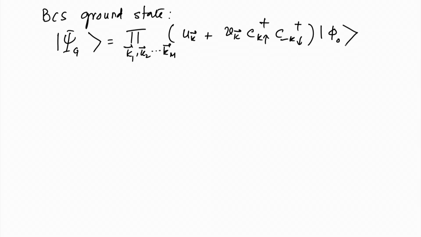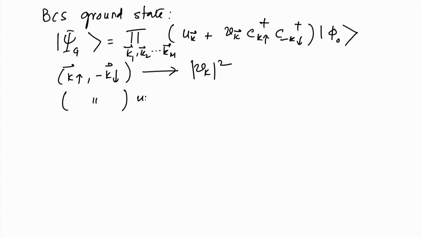This is the filled Fermi sea as we have been talking about. The probability of a pair formed of k up and minus k down to exist is given by v k squared, and that it is unoccupied is given by u k squared.